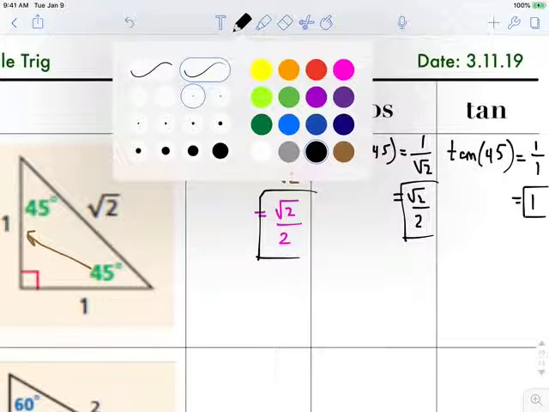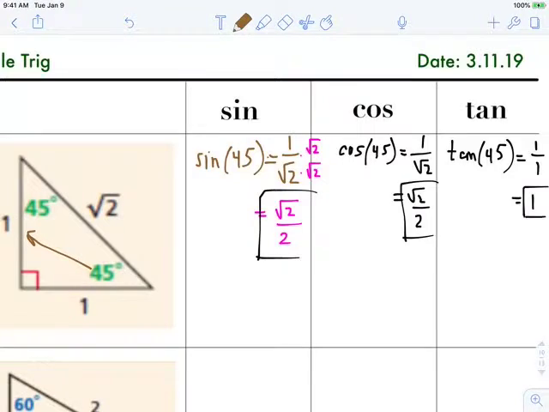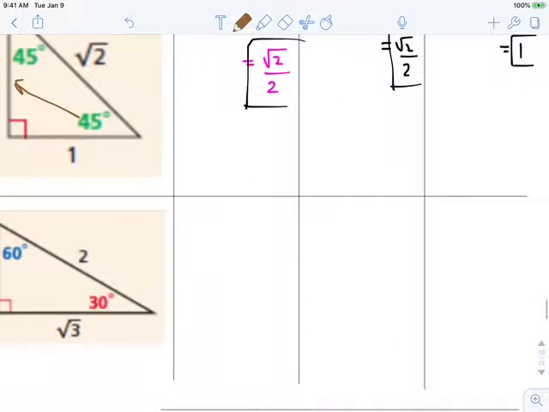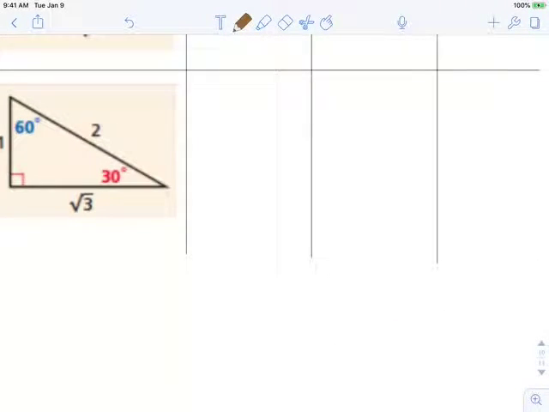All right. Let's go down here and do it for the 30, 60, 90. Is everybody good on this one? Okay. 30, 60, 90. Let's do sine first.